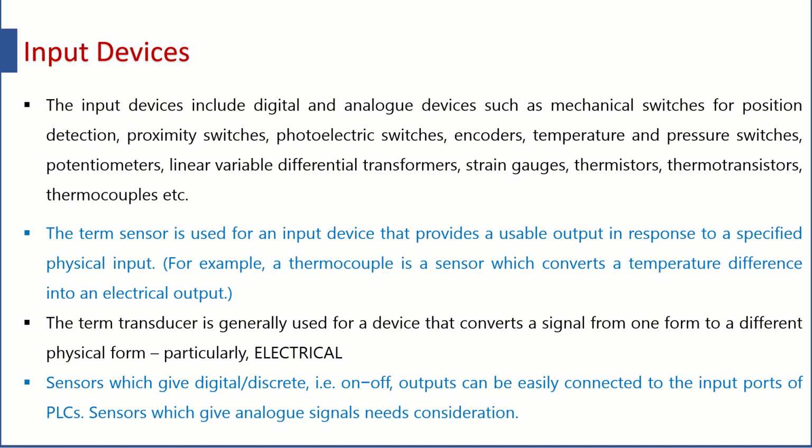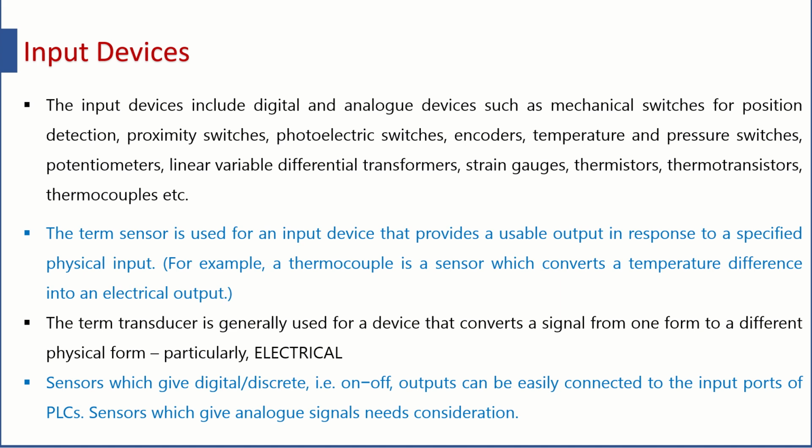Now you see, what is a sensor? The sensor is a term that is used for an input device that provides a usable output in response to a specified physical input. So you see that if there is a physical input which is changing, the change may be analog, the change may be in a discrete manner, the change may be in a digital manner, definitely, which we have already discussed in our earlier lectures.